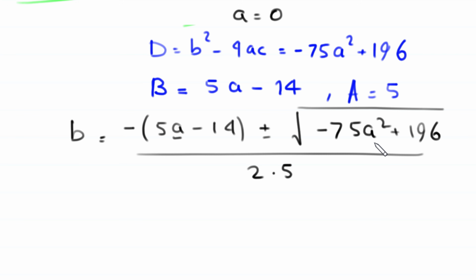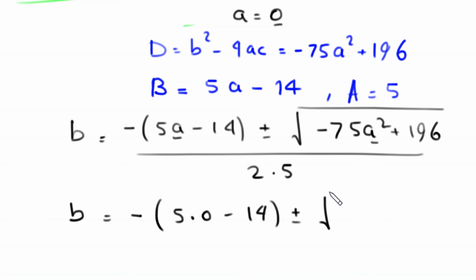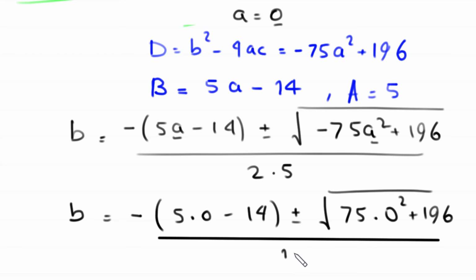Replace this a and this a with 0, so this will become b is equal to negative 5 times 0 minus 14 plus or minus the square root of 75 times 0 squared plus 196, divided by 10.